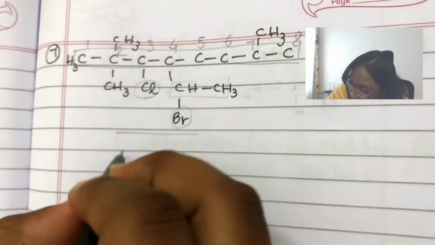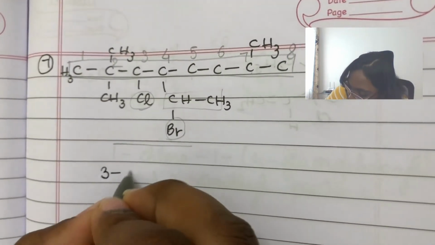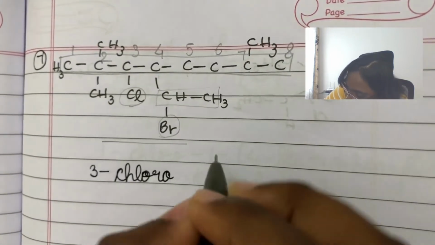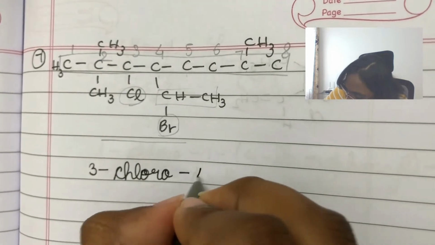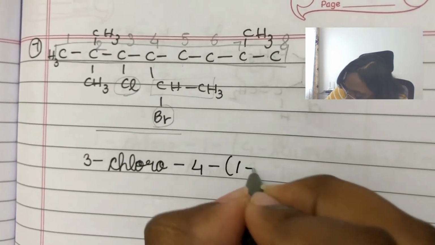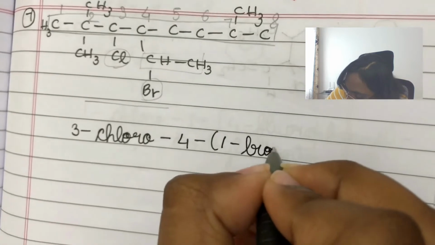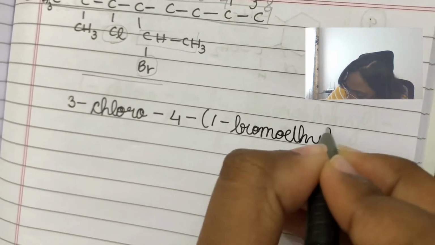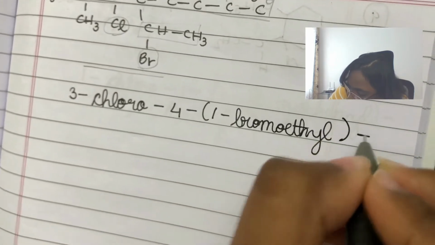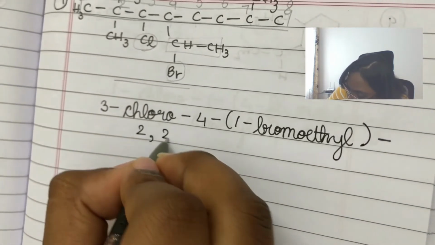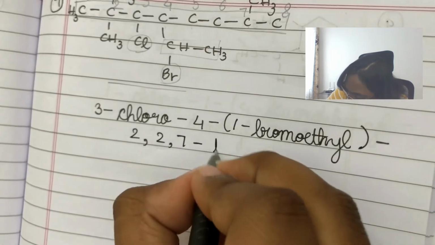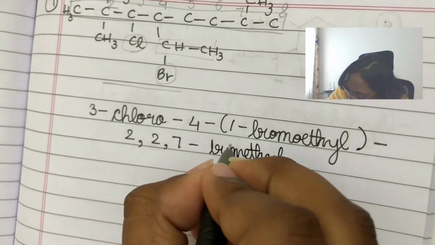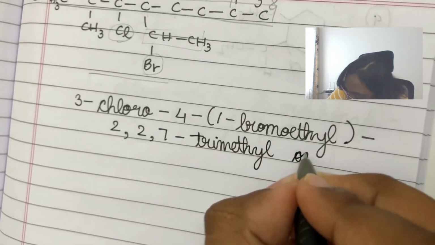Hence the answer to this question is 3-chloro-4-(1-bromoethyl)-2,2,7-trimethyloctane.